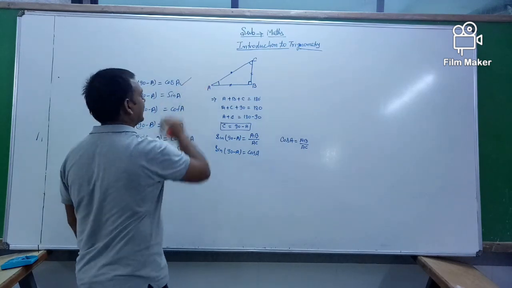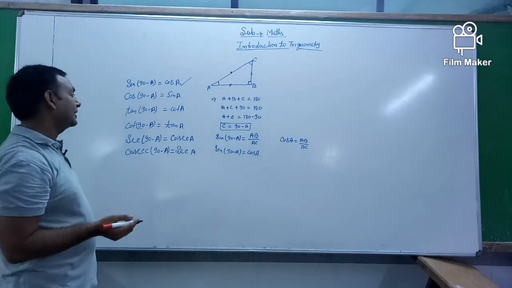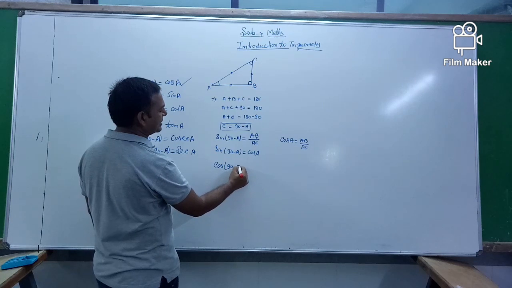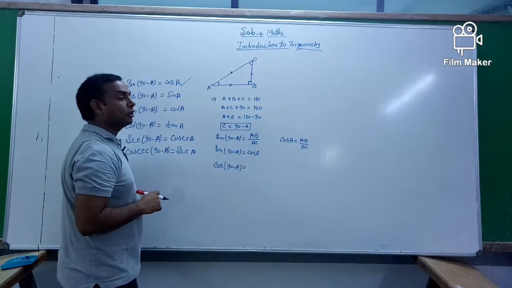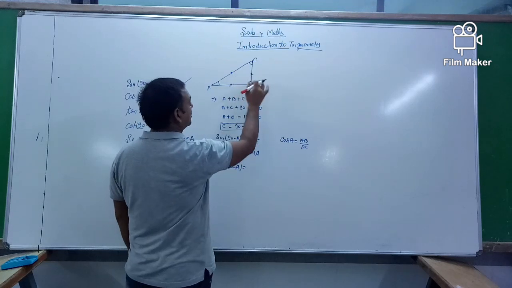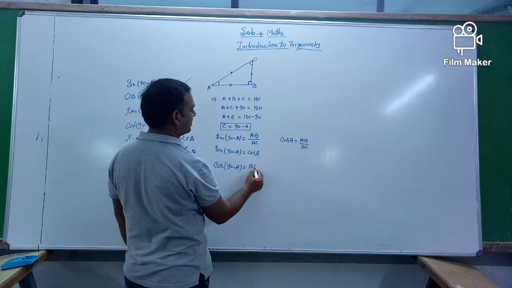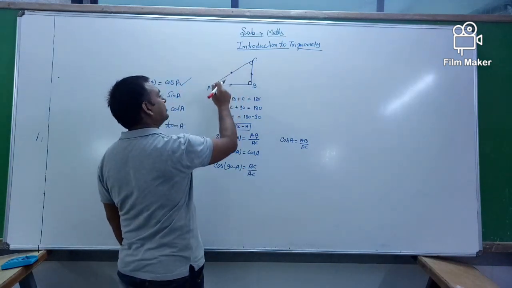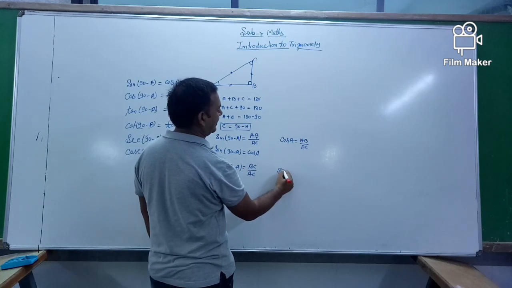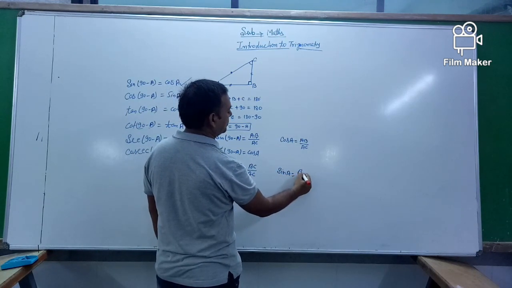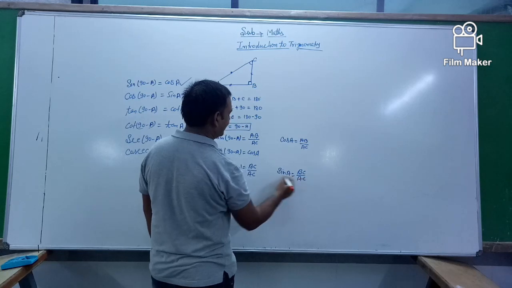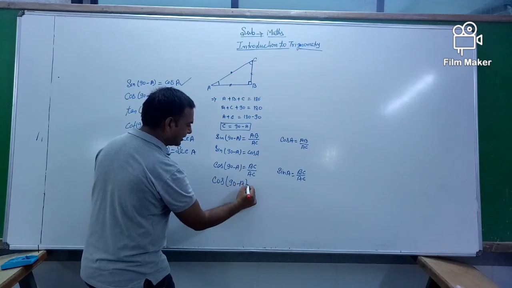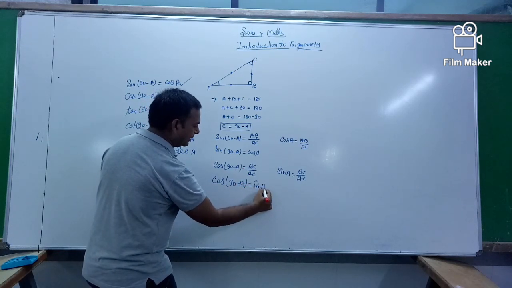That is how we can find the formula. Same way, cos 90 minus A means angle C. So the base is BC, divided by hypotenuse AC. And BC upon AC, if you take the angle A, is sine A. So cos 90 minus A is equal to sine A, right?